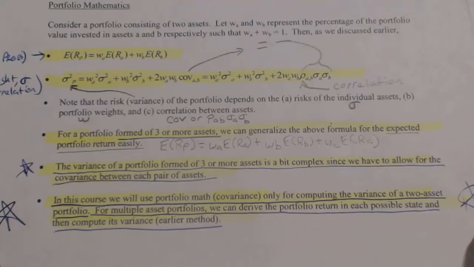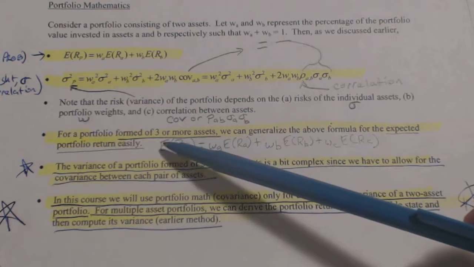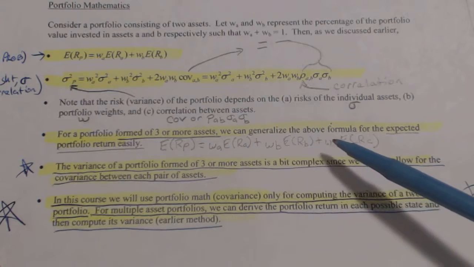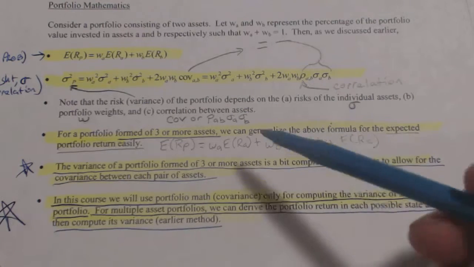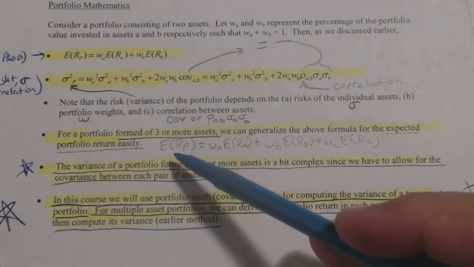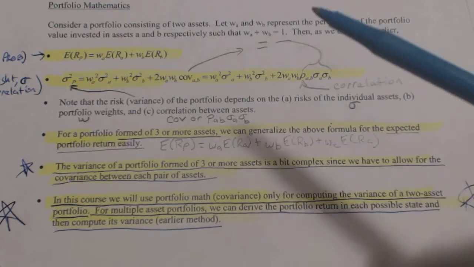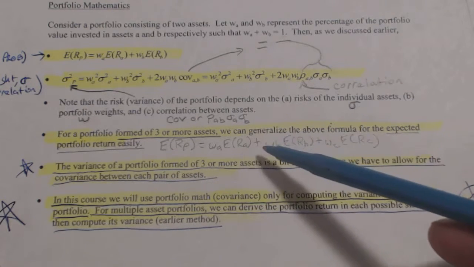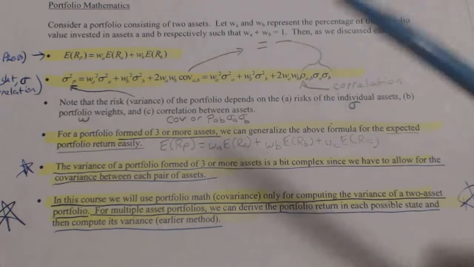Okay. For a portfolio, and now it says right here, for a portfolio formed of 3 or more assets, we can generalize the above formula for the expected return easily. And when they mean the above formula for 3 or more assets, it's going to be more like the formula above for the expected returns. Oh, you can use this for 3 or more assets.